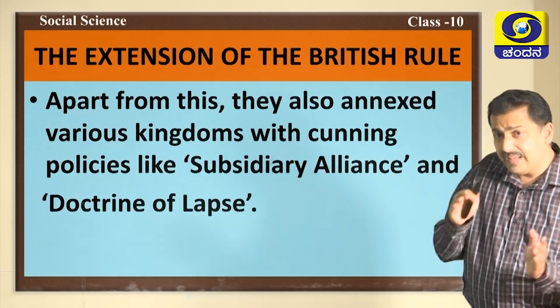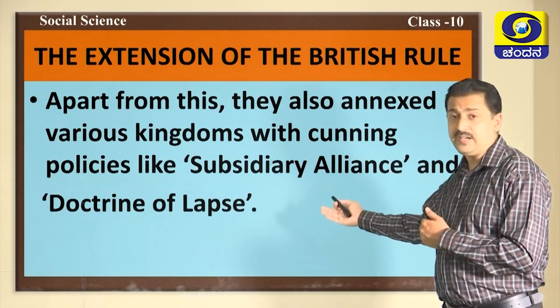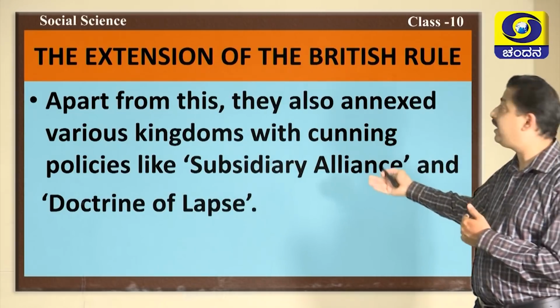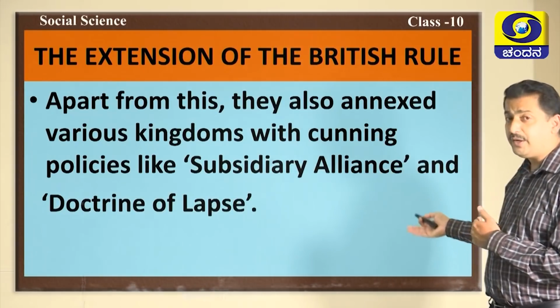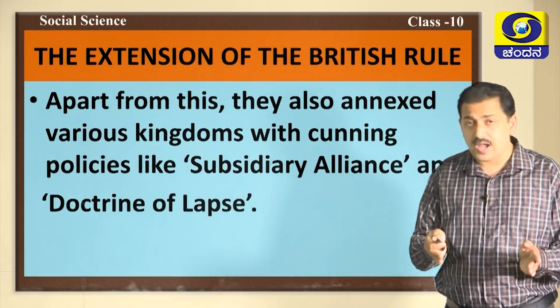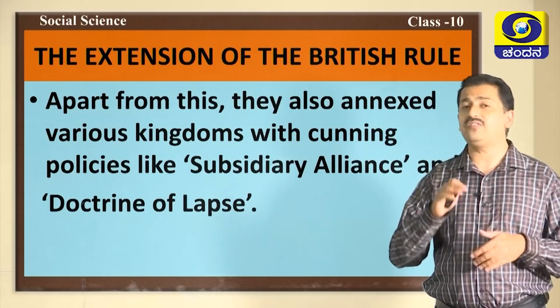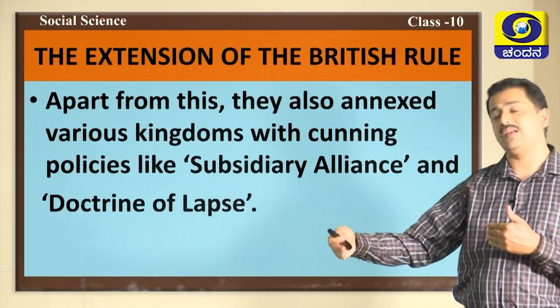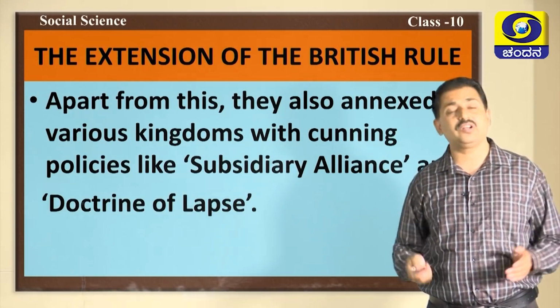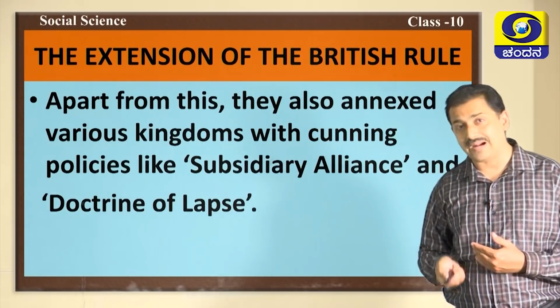Apart from this, they also annexed various kingdoms with policies like subsidiary alliance and doctrine of lapse. In this chapter, in part 1, you study about subsidiary alliance, and in part 2 of the same lesson, you study about the doctrine of lapse and its impact.